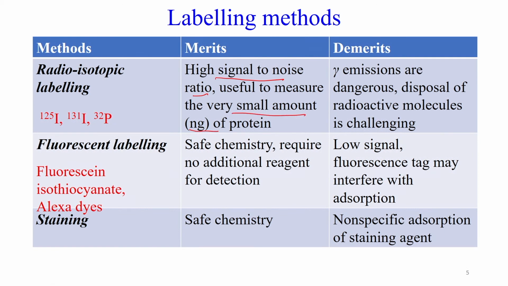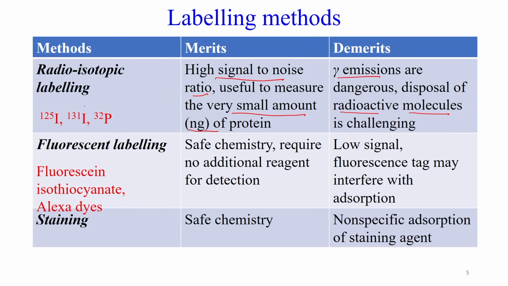But if you are using a radioisotope, we are susceptible to gamma emissions, and also the disposal of the radioactive substance requires a sophisticated facility, and that is also a challenge.